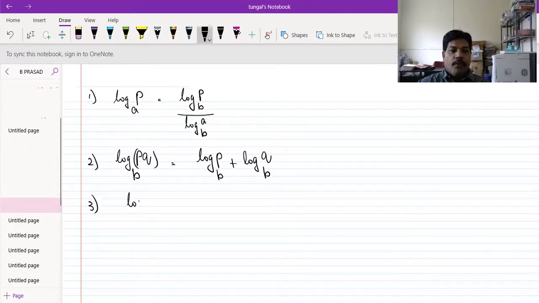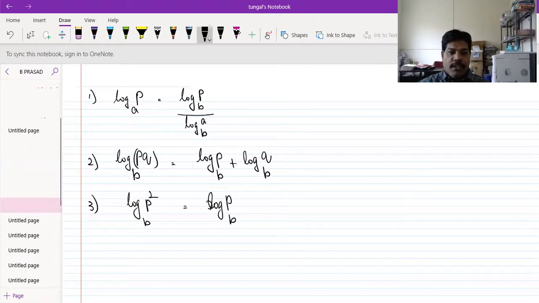If I take P and Q, so I will take Q is equal to P. So automatically what happens, students? P into P will become P square, yes or no? So the base is B. By this formula, what we will get is log P base B.